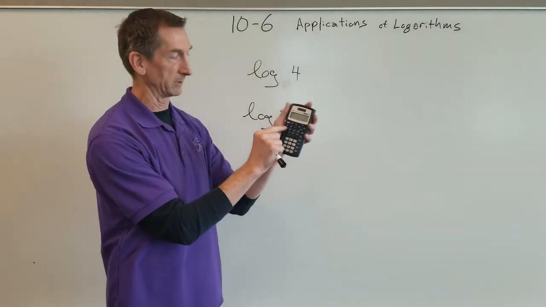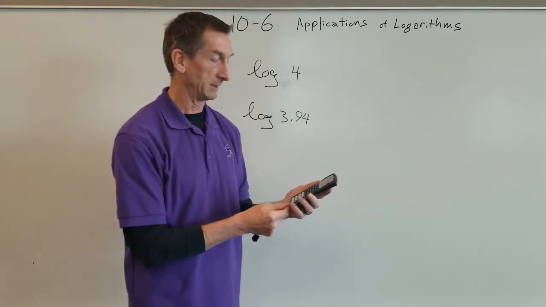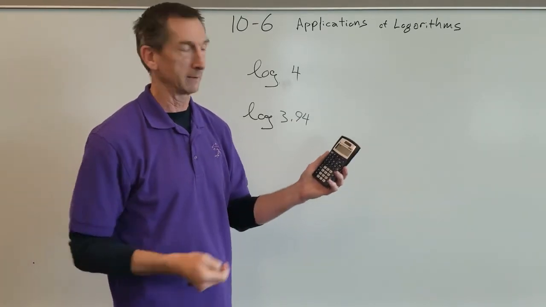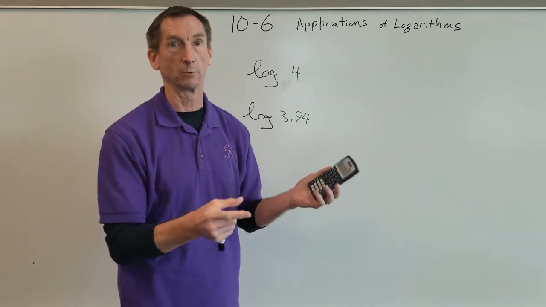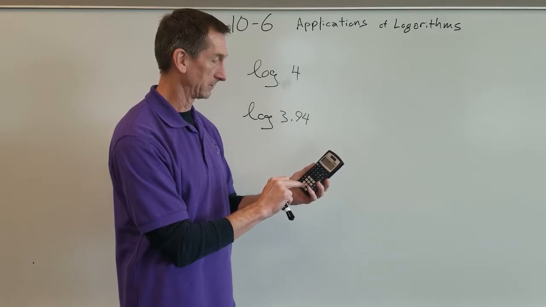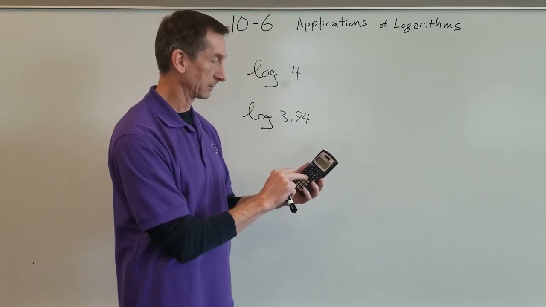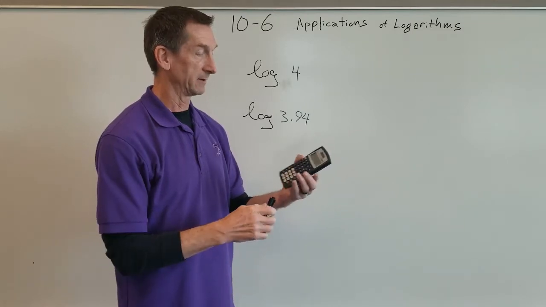You'll notice a log button right here on the TI-30, and most calculators, if they're any kind of a more modern calculator, they're going to say log, and that's assumed to be common log or base 10 log. So just push log, type in 3.94, close parenthesis, and I get my answer, 0.595.